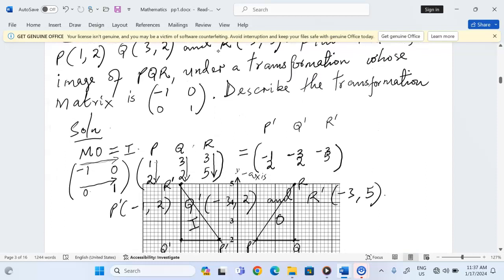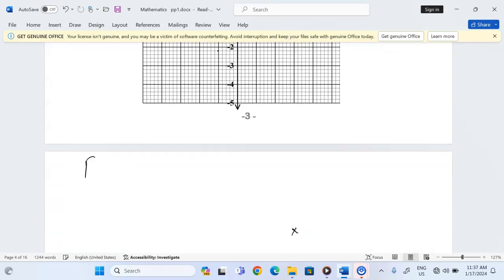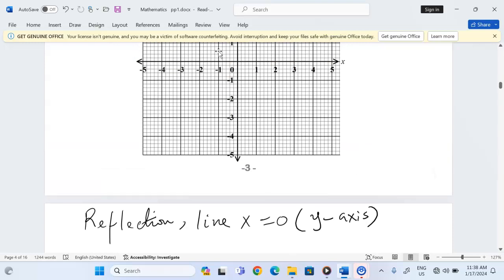The transformation is a reflection through the line x equals 0, the other name of the y-axis. So when you mention a reflection and the mirror line, you have fully described it.